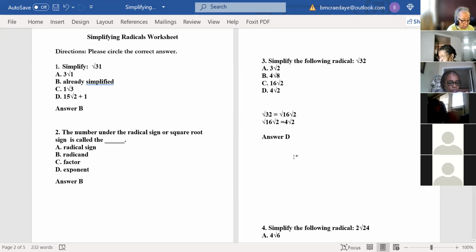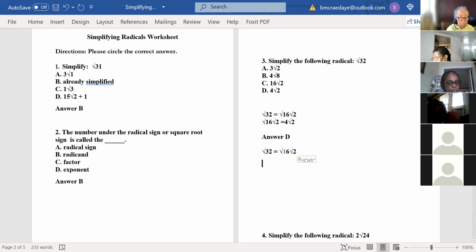Okay, let's put what you said. The square root of 32 is the square root of 8 times the square root of 4. Perfectly fine. But the square root of 8 can be factored into what, Chastity? 4 and what?